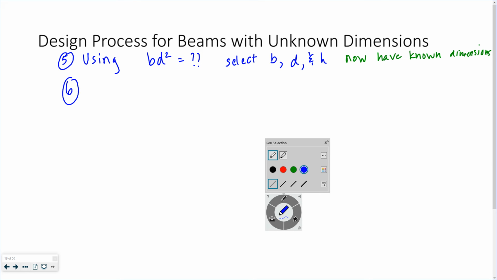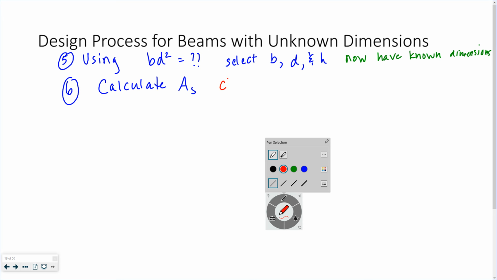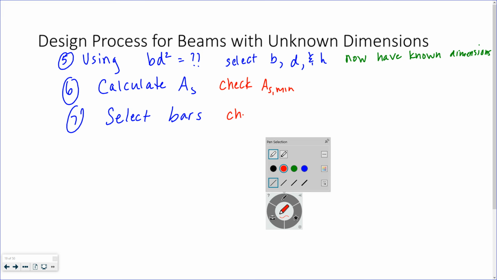So calculate a required area of steel. Check As min. This is what we did previously, so I'm not going to rewrite everything. Select your bars. Check fit. Make sure you meet spacing requirements.